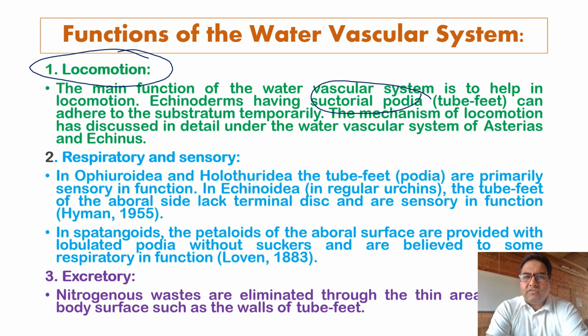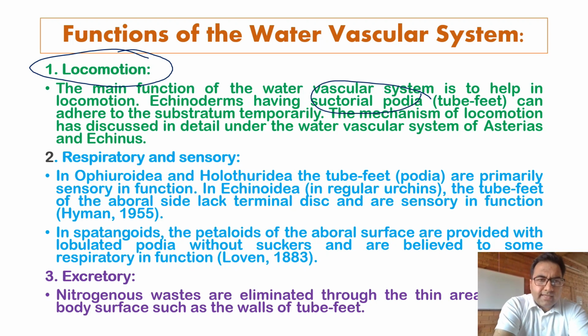The mechanism of locomotion can be well understood in the case of Asterias and Echinus, where the detailed structure can be studied. But here we are just getting an idea that the water vascular system has a role in locomotion.